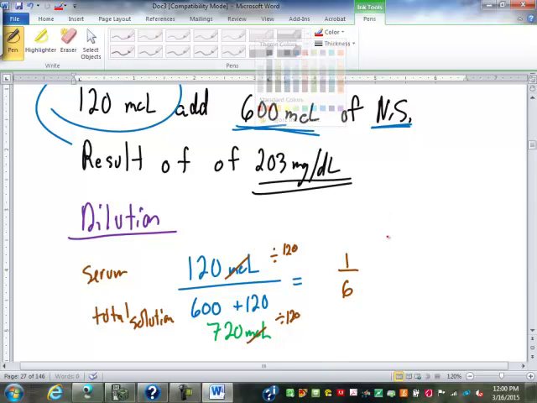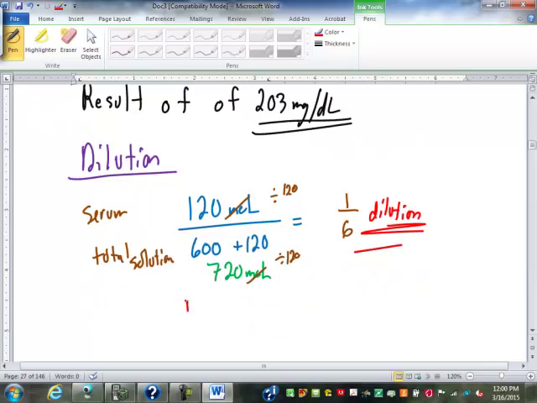So now that 1 in 6 is what we're going to use to figure out the actual level in that sample. The 203 is the reading we got. We need to figure out, does that go on top or bottom?